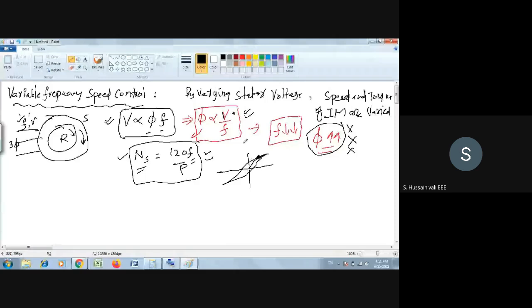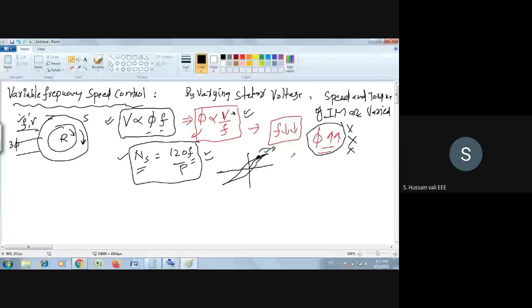So generally in all machines, you operate the flux near the tip, near the end. So if you decrease the frequency, the flux should increase, in the sense that the flux will move towards this direction. It may enter into saturation, so this you will avoid.